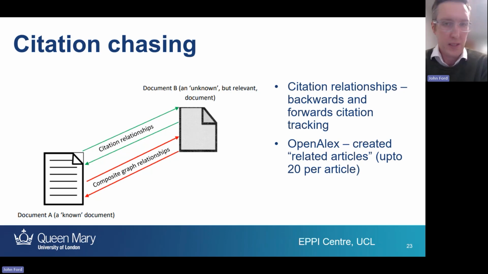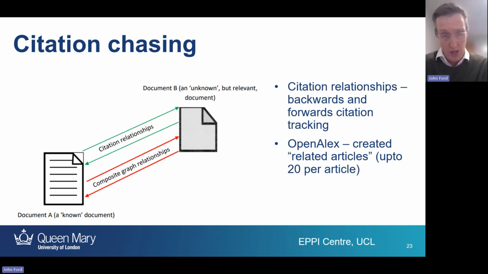OpenAlex, as a number of other software companies have also, has got related articles. So they've created graphical relationships. Based on the text within the title and abstract, they found similar articles.